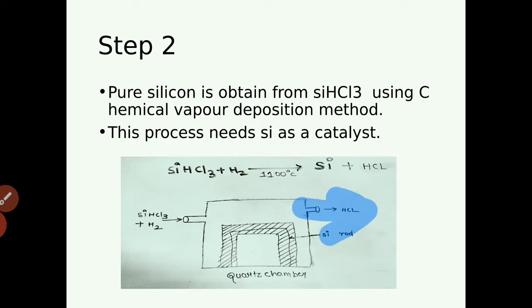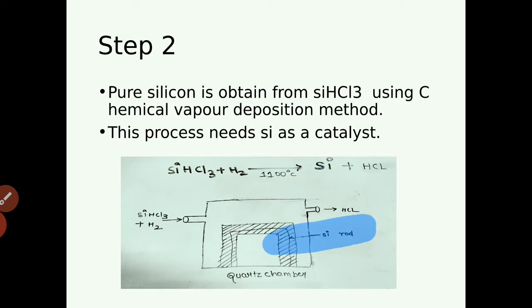In this process, a silicon rod is used as a catalyst. So what is a catalyst? Catalysts are materials which do not take part in the chemical reaction, but energize the reaction. So silicon is a catalyst. The use of silicon here is that the manufactured silicon will deposit on the portion where the silicon rod is present.